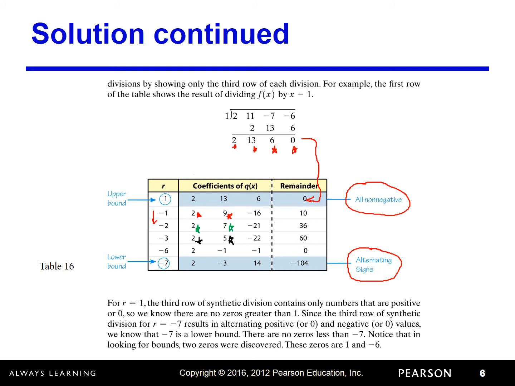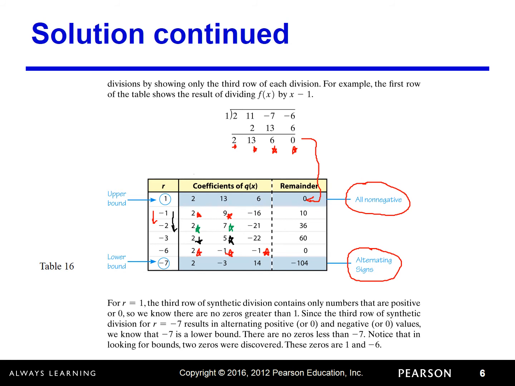Now we're going through the potential rational zeros. We get to -6 and we have non-negative, non-positive. Okay, this is promising. But then in the third row of the synthetic, we have another non-positive. So it's not going to be alternating the way it needs to be. And so -6 is not even a lower bound.